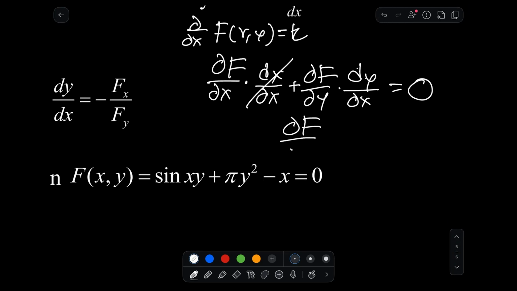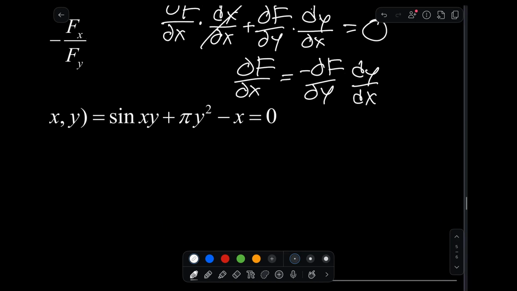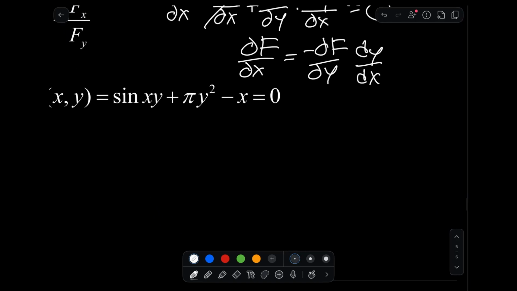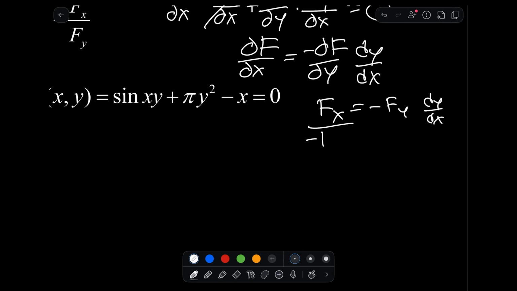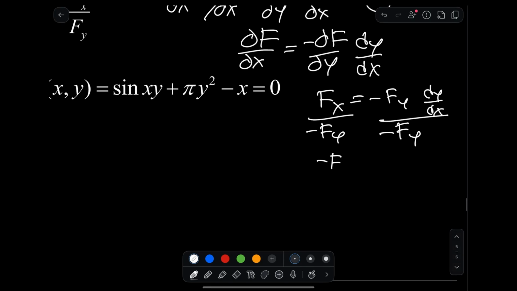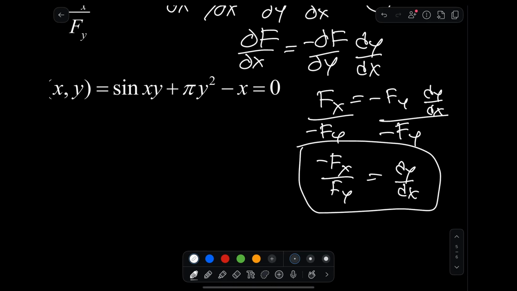Del f del x equals negative del f del y dy dx. And we can rewrite this to say it's going to be f sub x equals negative f sub y dy dx. Divide both sides by negative f sub y. And we get negative f sub x over f sub y equals dy dx. And that's a cool little trick to save yourself some time for problems like this.